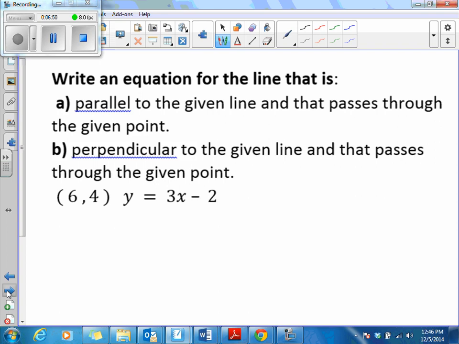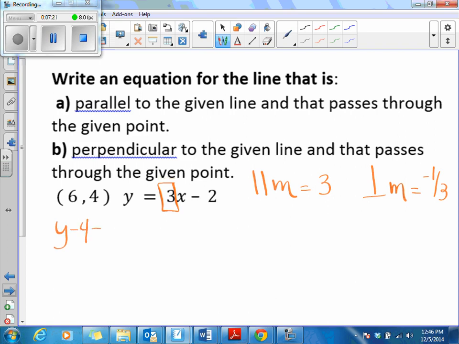Okay, almost finished. Lastly, I need to write an equation for a line that's parallel to the given line and passes through the given point. And then I need to write an equation that's perpendicular. So again, we're talking about slopes. The parallel line has a slope of 3. The perpendicular slope needs to be -1/3. So I need to write equations of the lines that pass through this point and have this slope. How about if we use point-slope form?